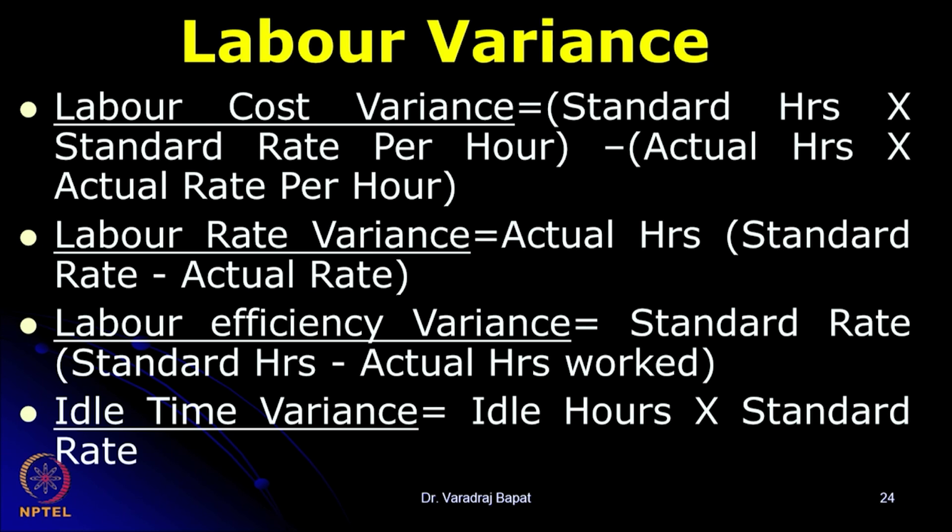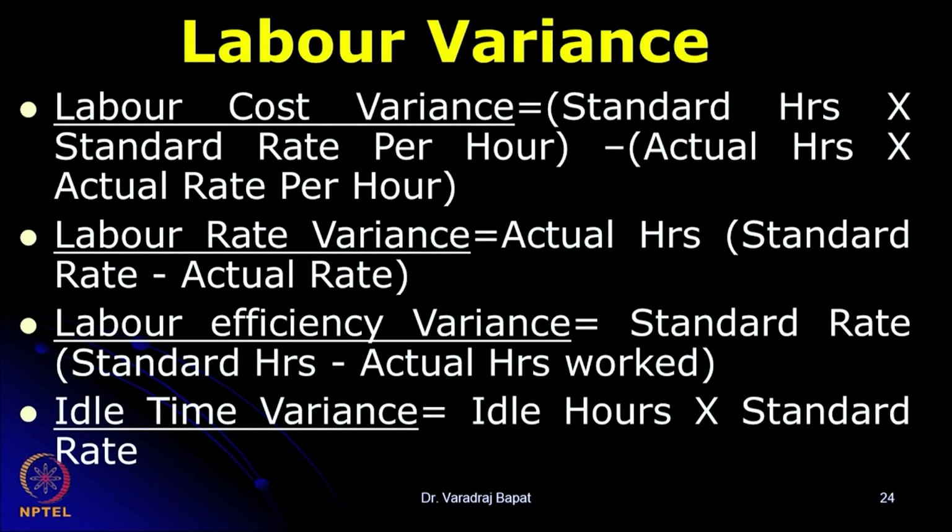Now idle time is time which is wasted because of some reason like lack of instruction or lack of power, etc. So for idle time variance, there is nothing to compare, whatever idle hours are all loss. So idle hours into standard rate, it is always adverse because idle time is always a negative variance. Got it? So labor cost variance can be divided into rate, efficiency and idle time.